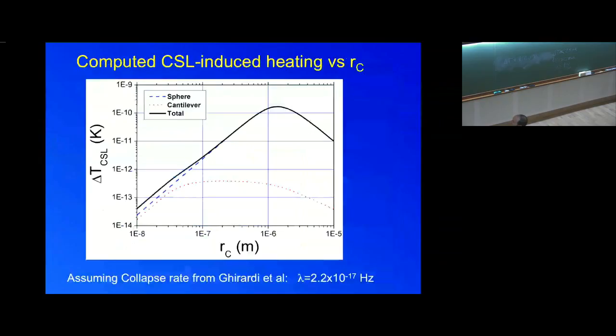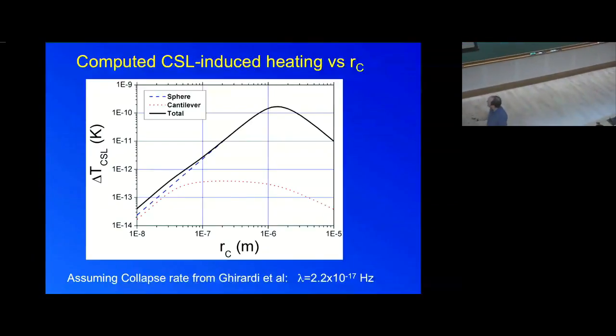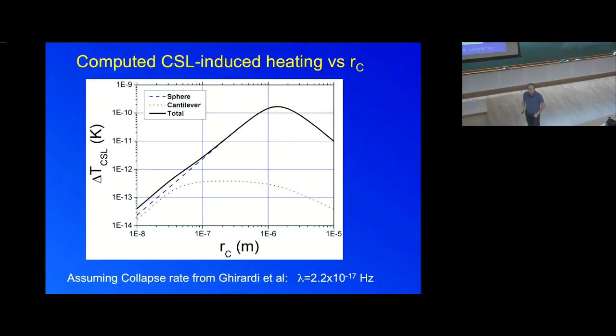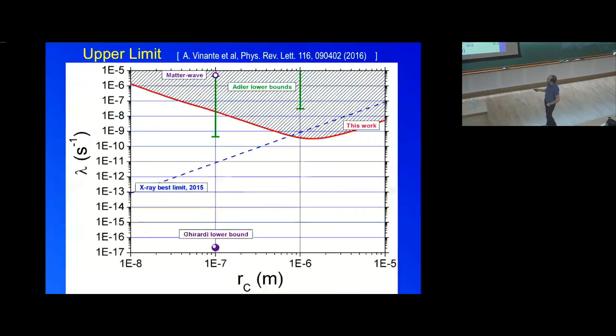The reason is that the heating rate you get from the model is maximized when the size of your system is comparable with this RC. And from this to the upper limit, the curve is just the inverse of this one, rescaled with lambda. So I think it's clear.